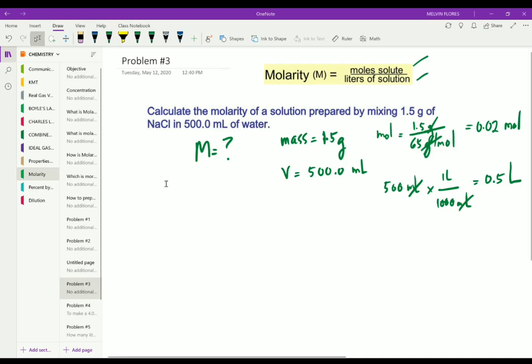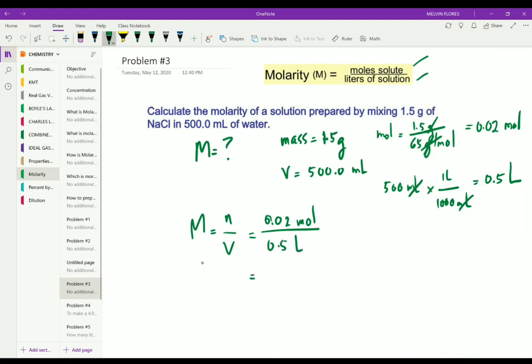So we're ready to calculate for molarity. Molarity is the mole of solute divided by the volume of the solution. So we have 0.02 mole divided by 0.5 liter.